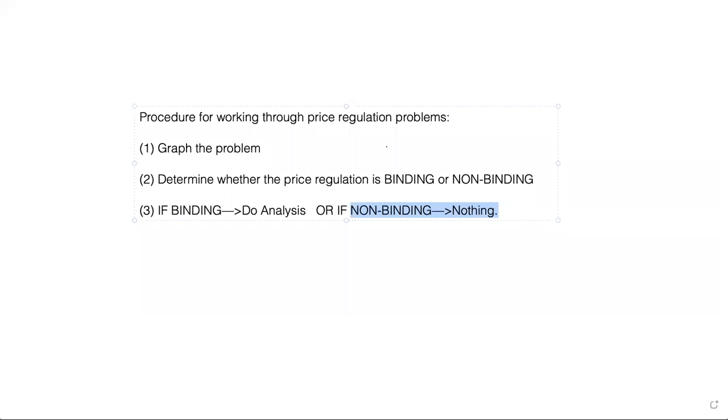How this relates to binding and non-binding is that if we divide the labor market into skilled and unskilled, then the minimum wage being $15 an hour would never affect how much a doctor was paid, because doctors all earn more than $15 an hour anyway.